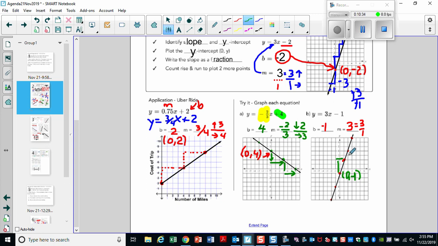And then we go again, 1, 2, 3, to the right 1. And 1, 2, 3, to the right 1. And so on.